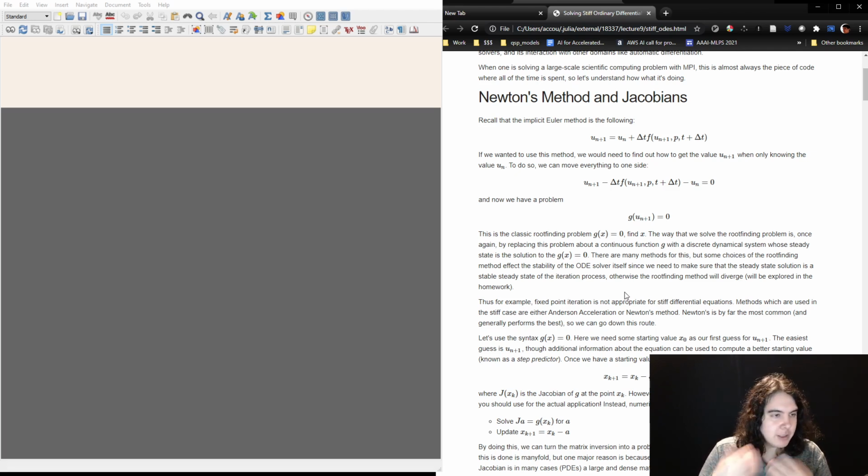So in this problem, we do see that when you have a very stiff system, you need to use at least a quasi-Newton method in order to solve it efficiently, in a way that is able to handle the stiffness.